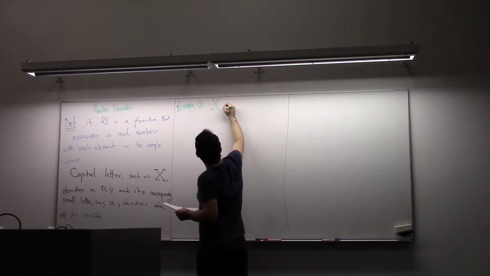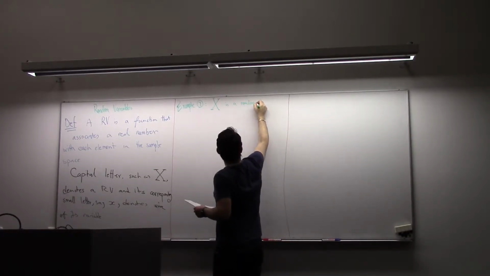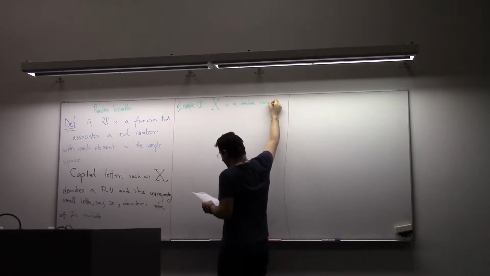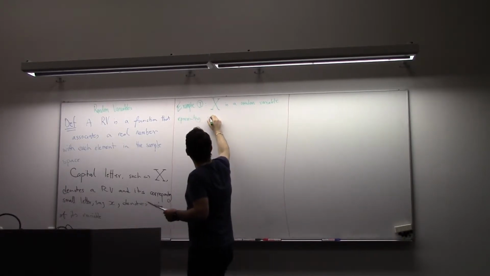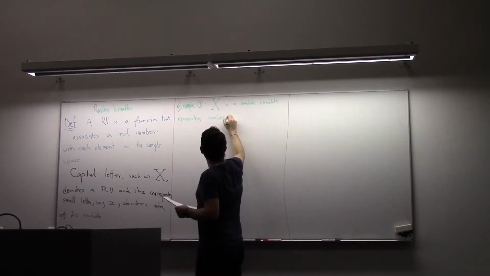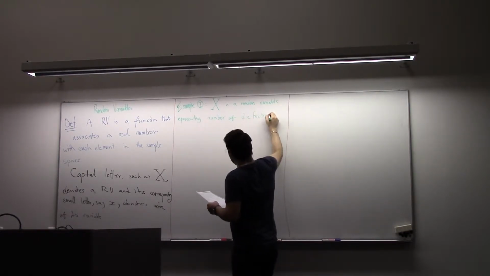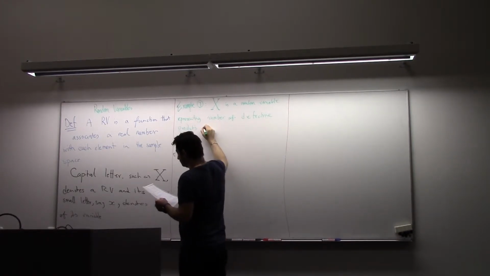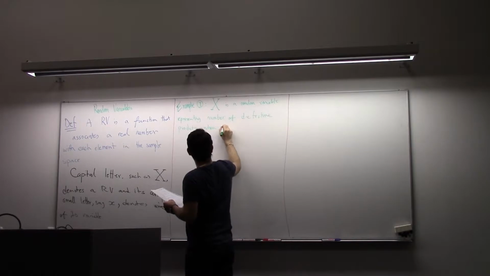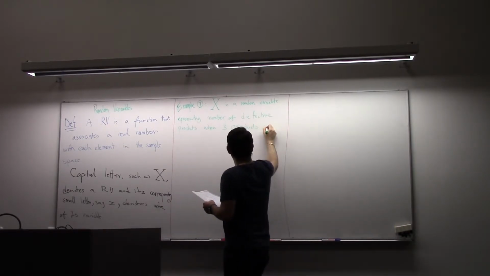one is: X is a random variable representing the number of defective products when 3 products are produced.